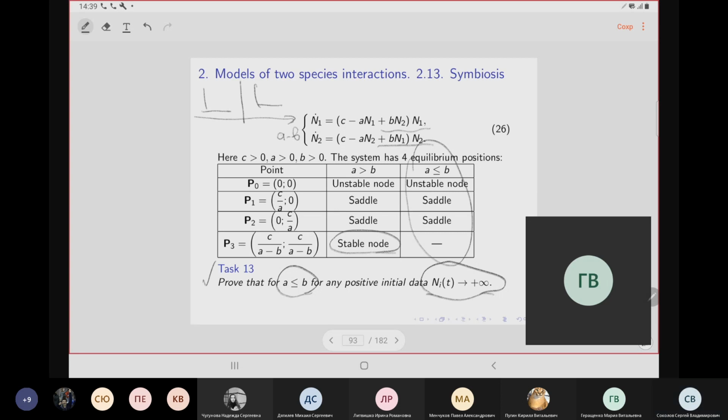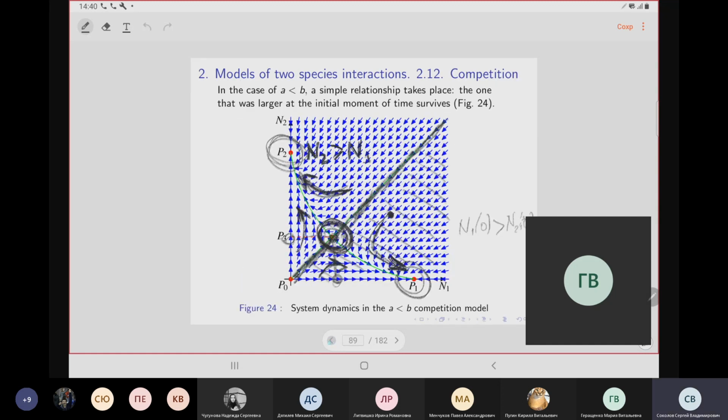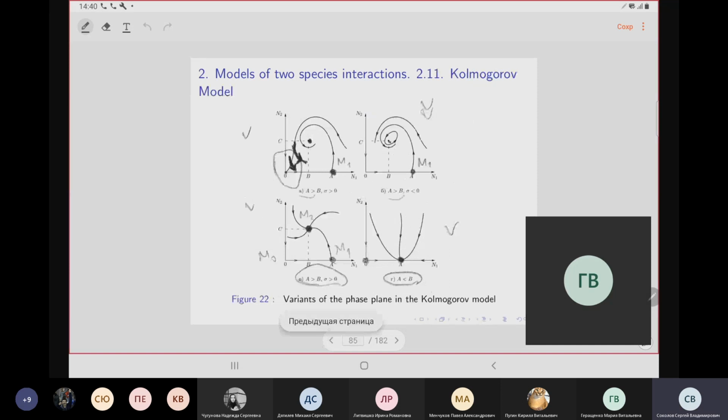If A is less than B, then this picture, and if A minus B is positive, then the picture is like this. So it is the parametric plot of our system. When we consider the Kolmogorov model, this is our parametric plot, and we can draw it in 2 dimensions.